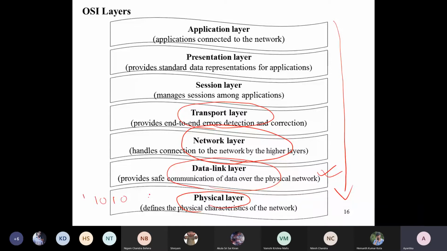Now, what will your bit level communication format be, and how will these bit level representations be understood, maybe through changes of voltage levels, how it will be physically realizable, those things are taken care of by the physical layer.